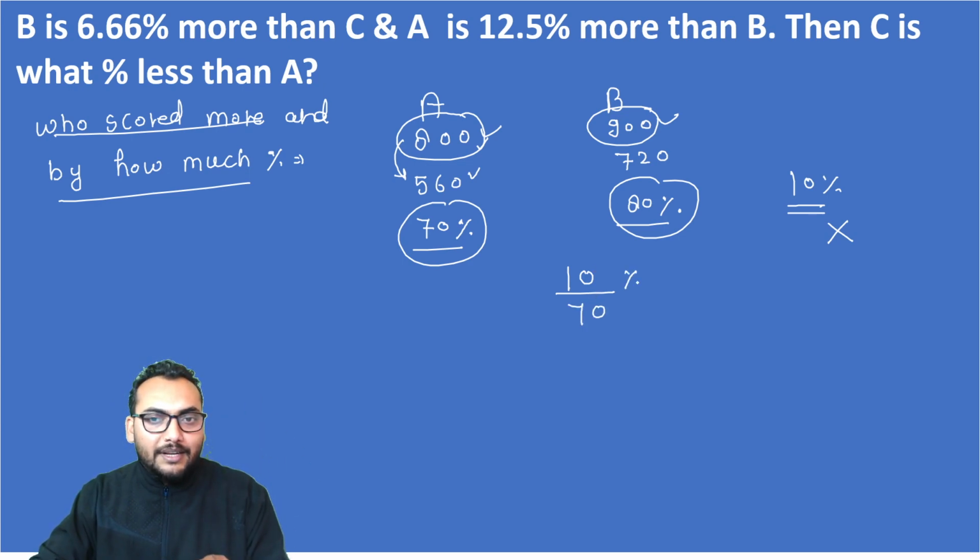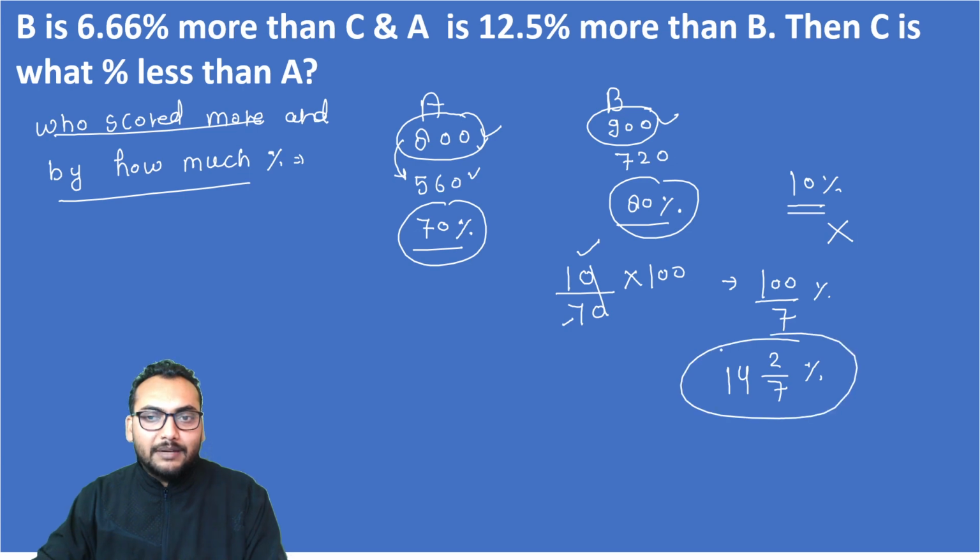So 10 divided by 70 multiplied by 100. This is the value which we are going to compare, and this is the value with which we are going to compare. So 10 divided by 70. The 0 and 0 will be cancelled out. So we will get 700 by 7%. That means you can write it as 14 2 by 7%. That means B scored 14 2 by 7% more than A. So that is the correct answer for this question.